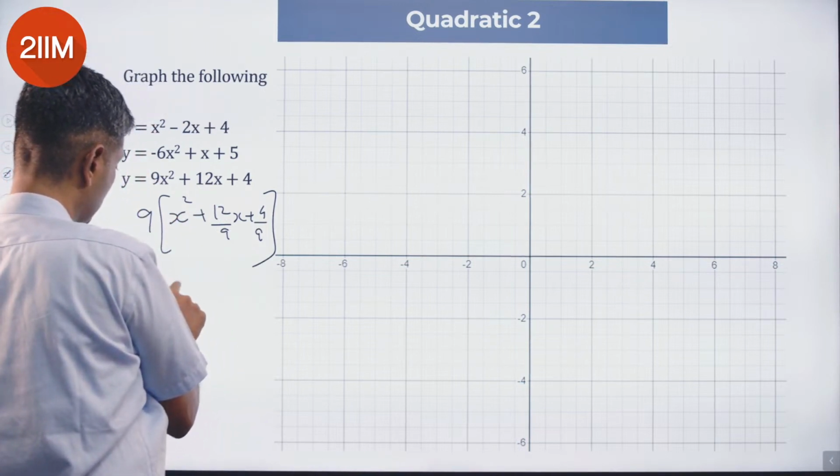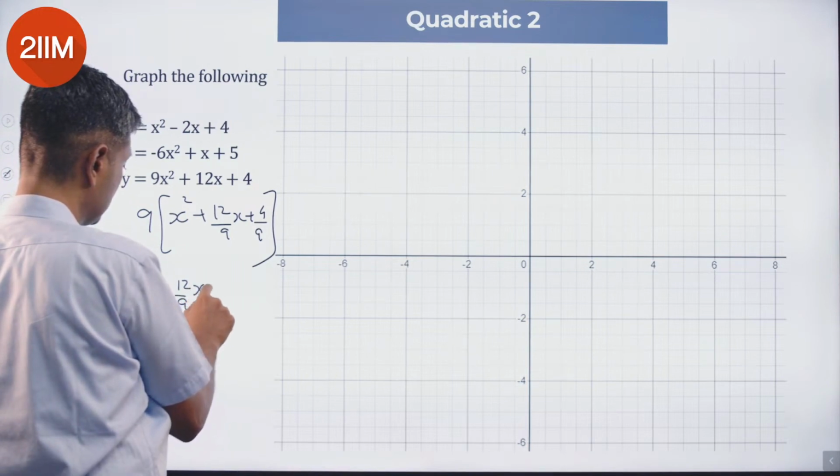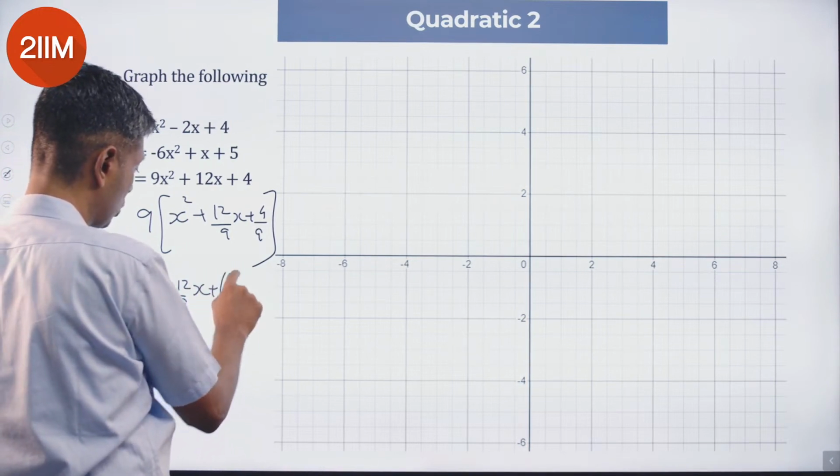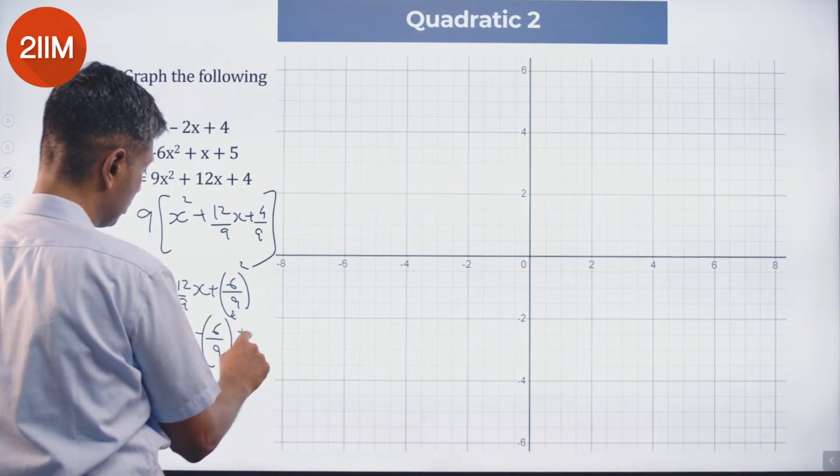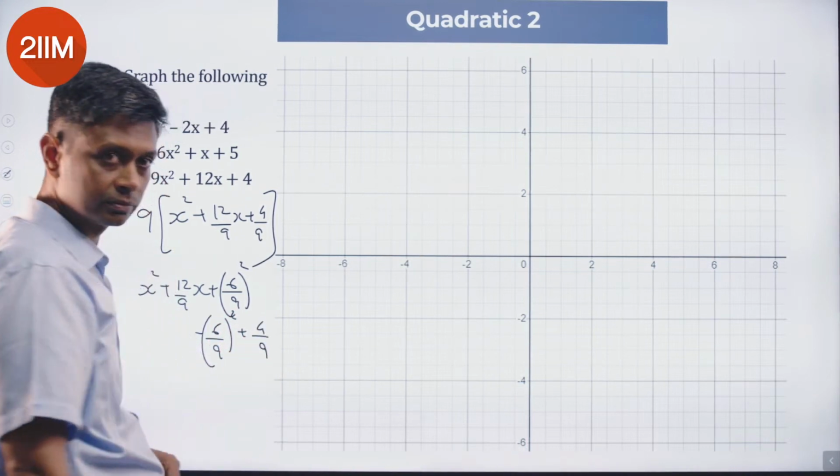Forget this, deal with only this. x square plus 12/9 x plus (6/9) the whole square, minus (6/9) the whole square, plus 4.